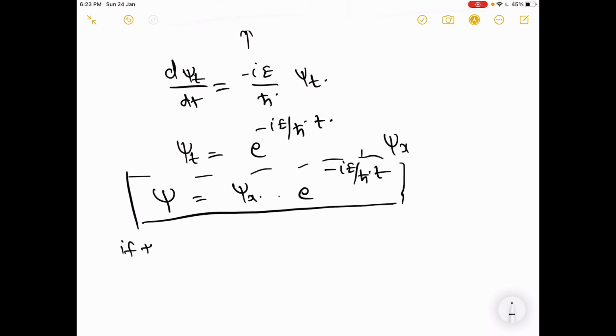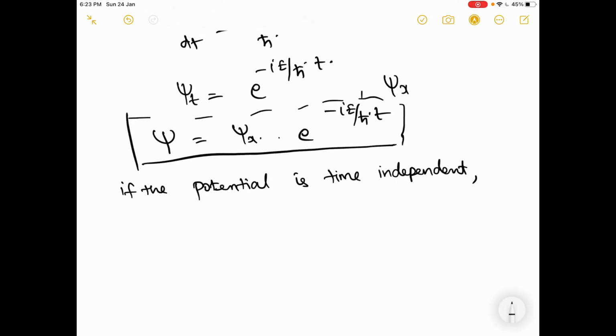If the potential is time independent, we use what is called the time independent Schrodinger equation, which is H cross psi x equal to E psi x, E being a constant, right?